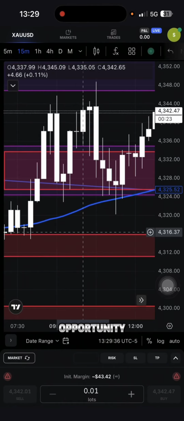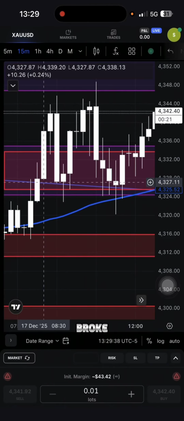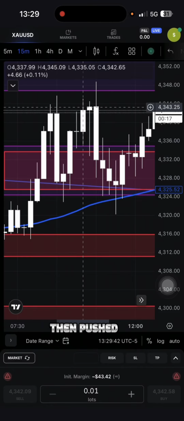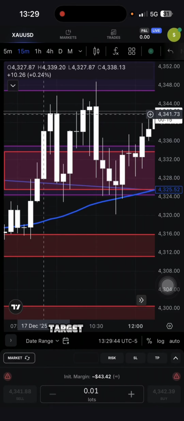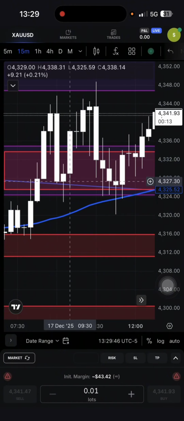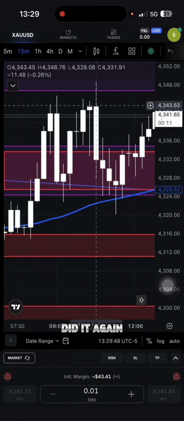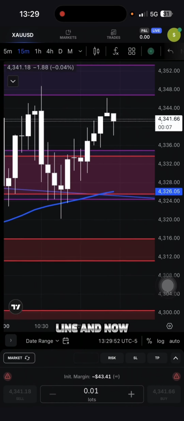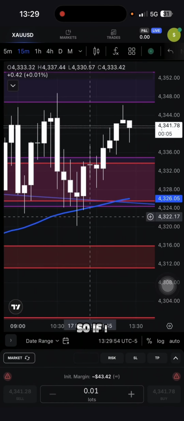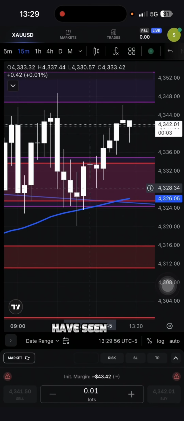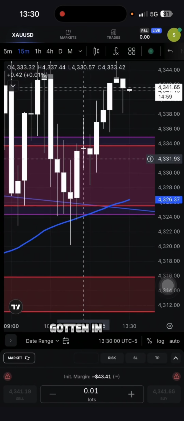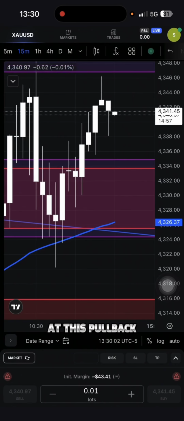Once it broke, it came back down, tested the trend line, and then pushed up. You could have targeted this high. It did it again, came back down, tested the trend line, and now it's pushing up. If I would have seen this happening, I would have gotten in right at this pullback right here.